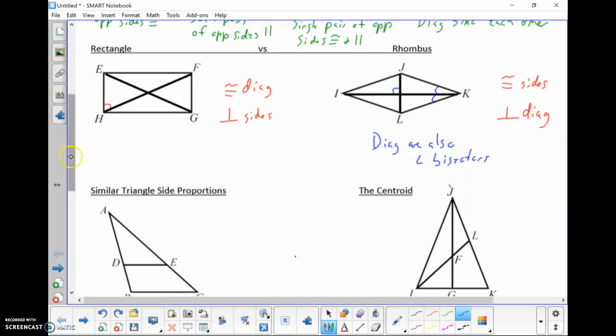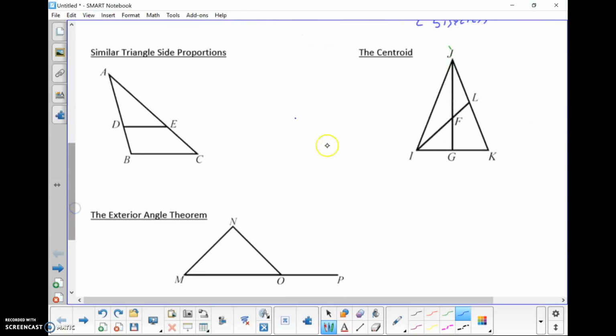All right, so that's those properties. Now, some simple triangle stuff real quick. For side proportions, just remember that if these are parallel, that makes similar triangles. And when you're working with similar triangles, the safest proportion is to always think small triangle over large triangle.